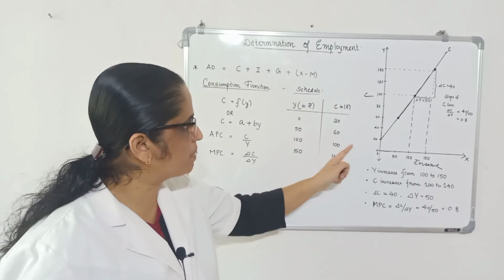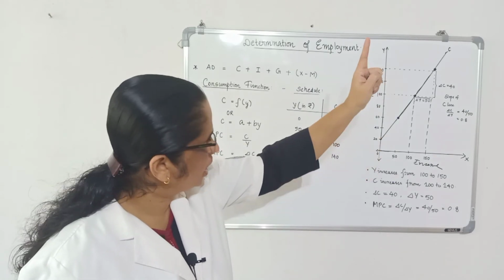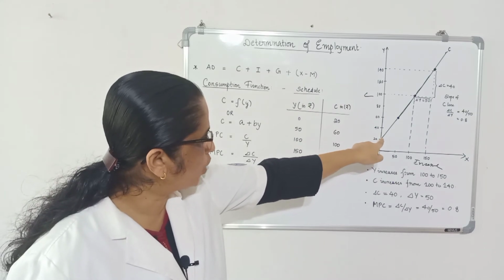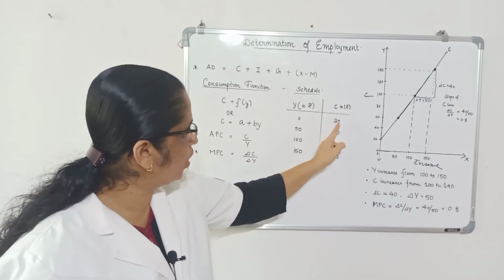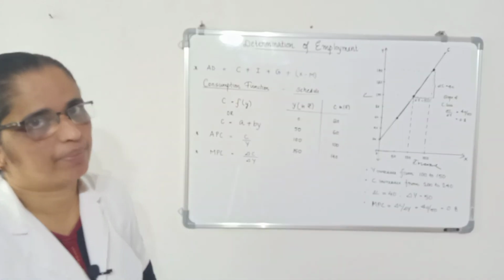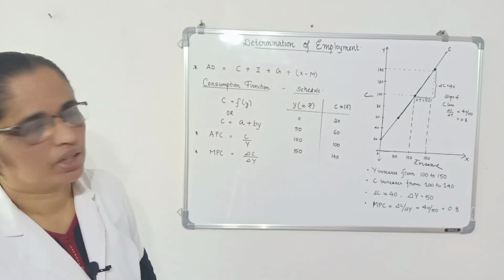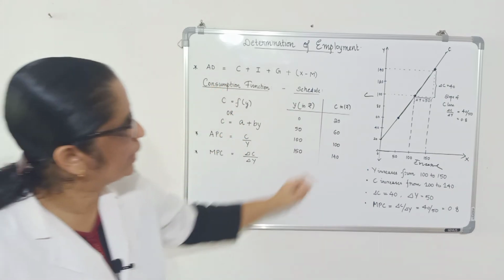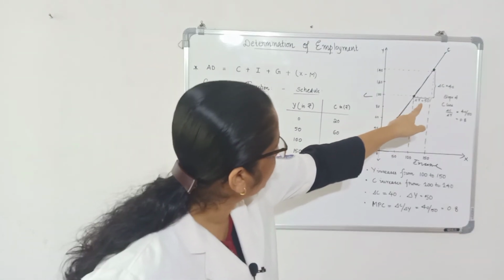If we plot the various points, we will get the consumption curve starting from the positive range. Income is 0, consumption is positive. It is an upward sloping straight line.